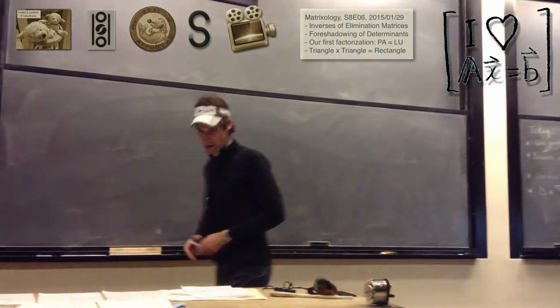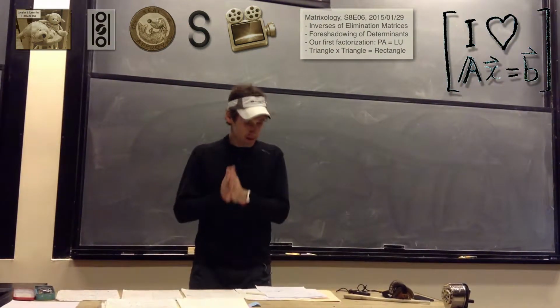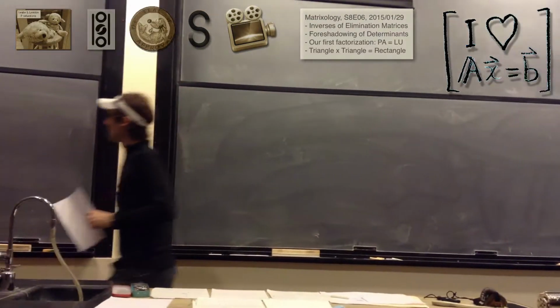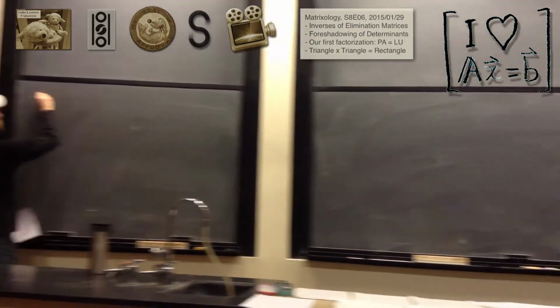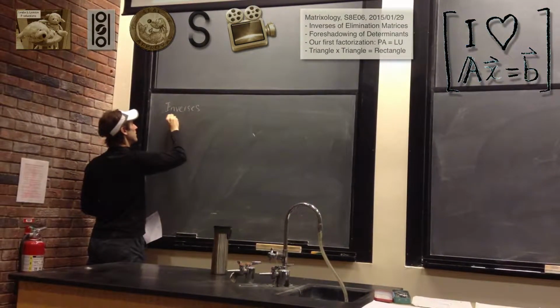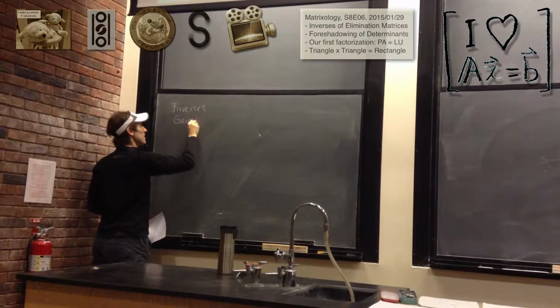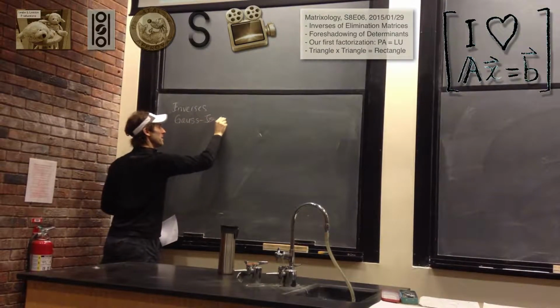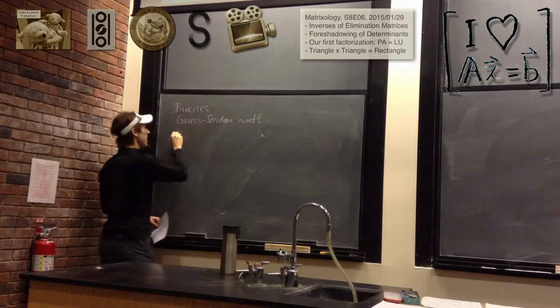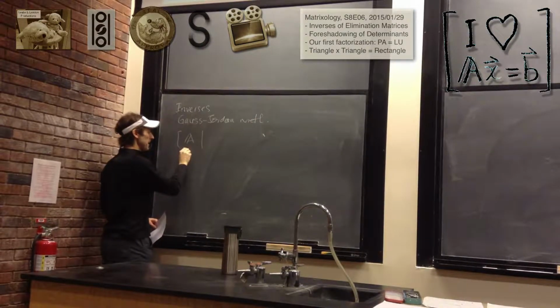Let's race. All right, so there was one little piece. So we did this whole business of inverses, the Gauss-Jordan method. And so we start off, we do this great thing. We say A is an n by n matrix.